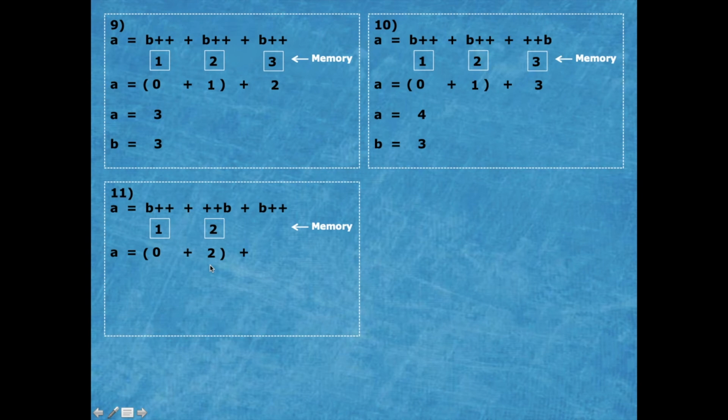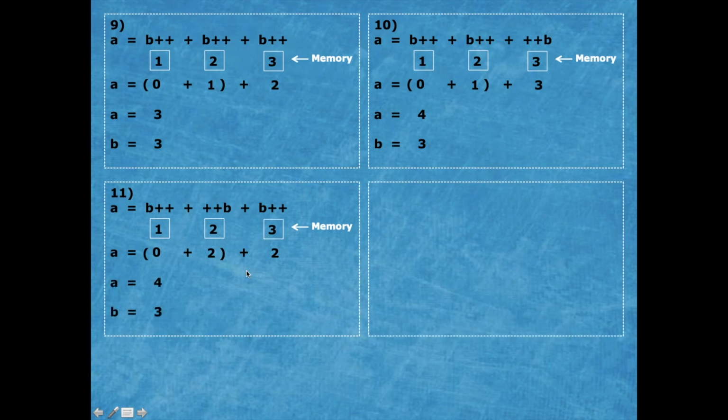Currently b is equal to 2. If this is post increment, you use the old value, the current value of b over here, that is 2, and then you increase it to 3. So a is 4 and b is 3.